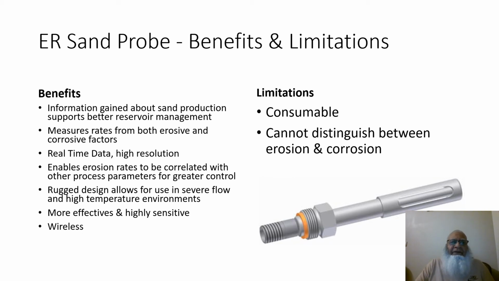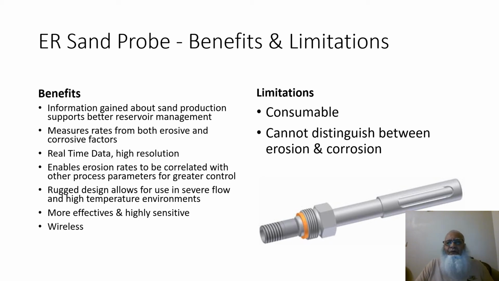It measures the rates from both erosive and corrosive factors. It is real-time data with high resolution. It enables the erosion rates to be correlated with other process parameters for greater control. Its very rugged design allows for use in severe flow and high temperature environments. It is more effective and highly sensitive.